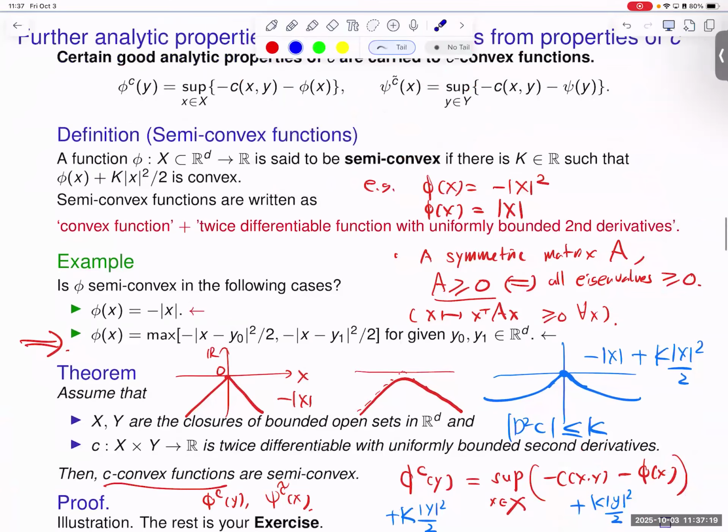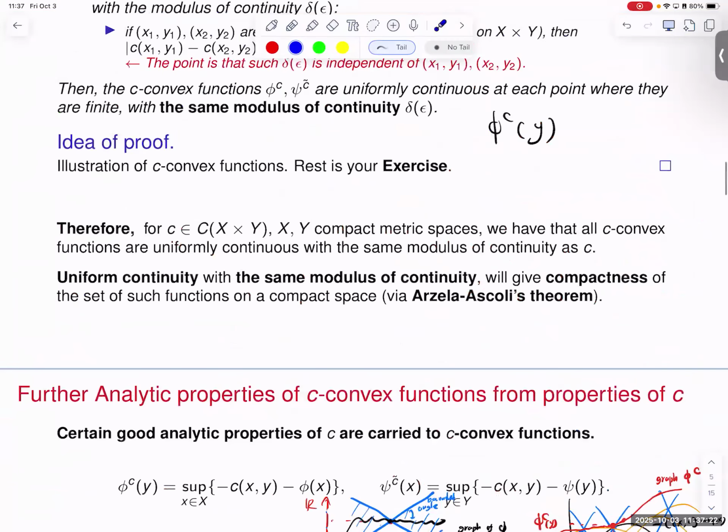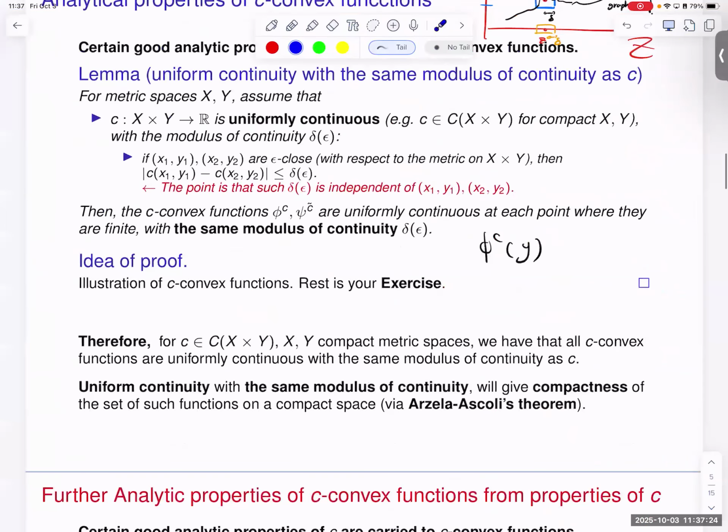So we just discussed these three nice properties. The basic message is that if the cost function has a nice analytic property, some kind of continuity or differentiability, Lipschitzness, or second differentiability like semi-convexity, then the corresponding C-Legendre transform, or the C-convex functions, satisfy all the same properties with the same modulus of continuity, Lipschitz constant, or semi-convexity constant. Am I making sense here?